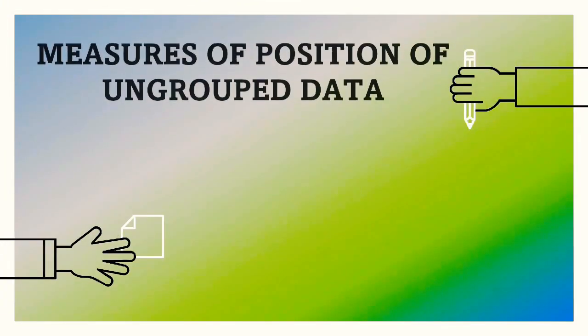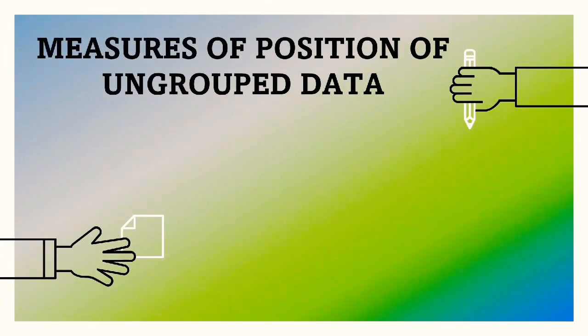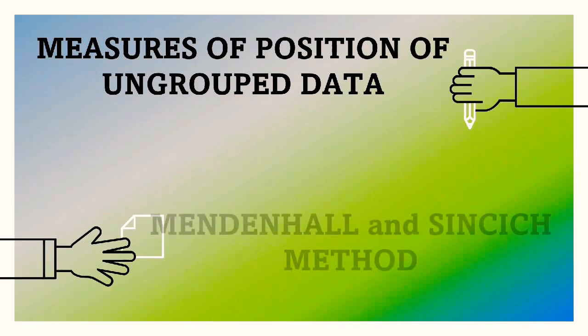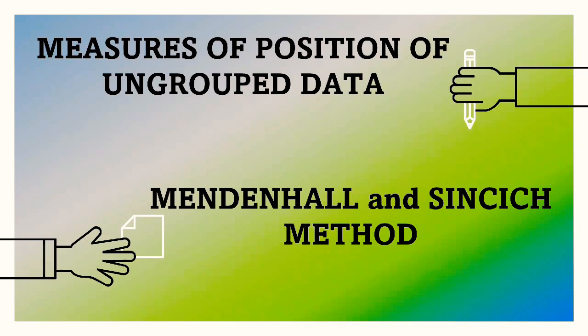In our discussion for today, I'm going to discuss the second method of finding measures of position for ungrouped data, and that is what we call the Mendenhall and Sincich method.